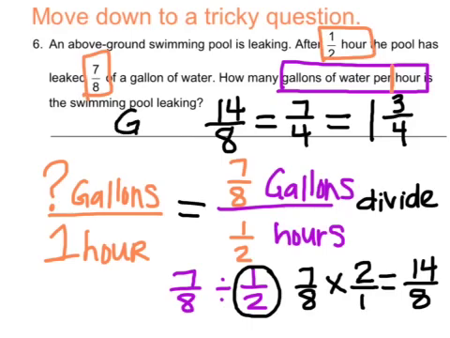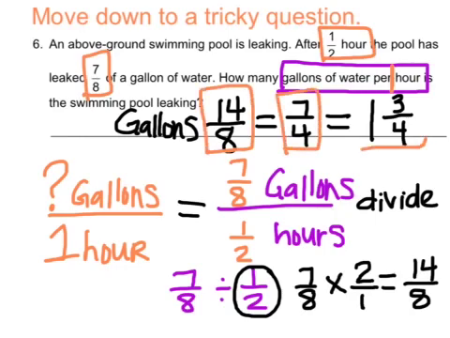And this was how many gallons the pool was leaking in 1 hour. So your final answer is either going to be 14/8, 7/4, or 1 3/4 gallons per hour is how much the pool was leaking. See, that wasn't so bad, was it?